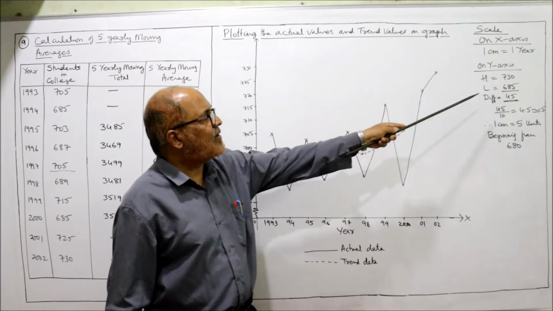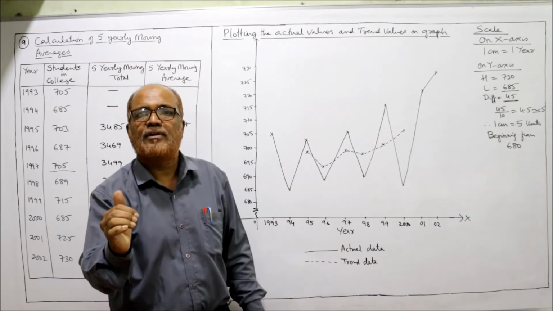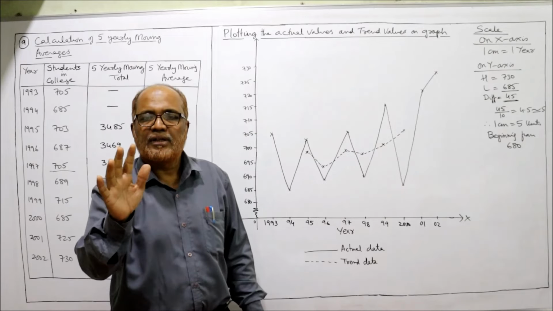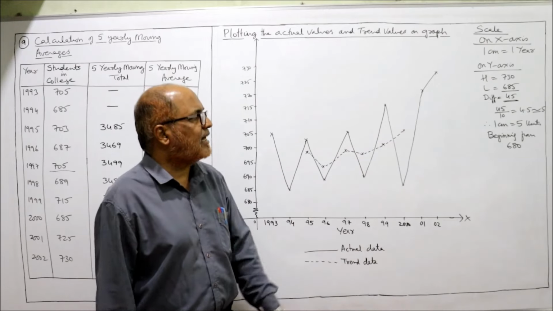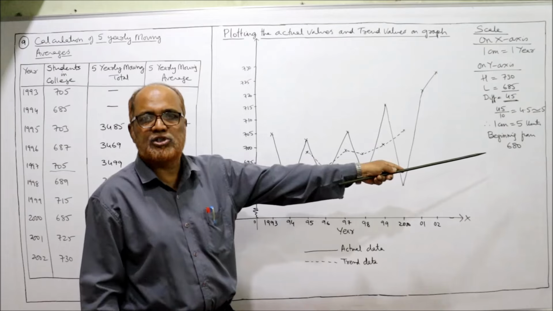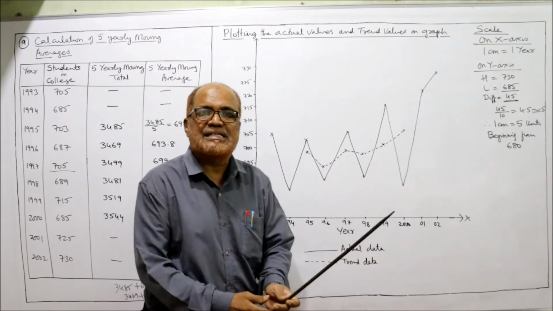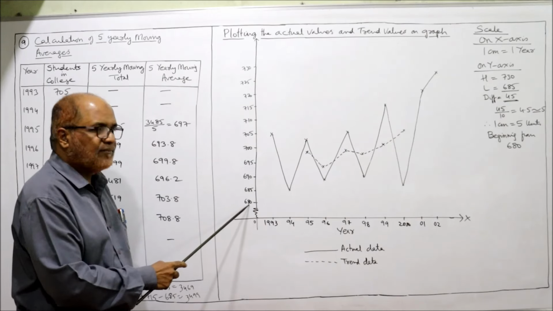So what is the lowest value here? 685. We don't have any value below 685. That's why we will start from 680. We can start from 685 also, but we will start 5 units before. So we will start from 680. So I am breaking this y-axis and starting from 680.